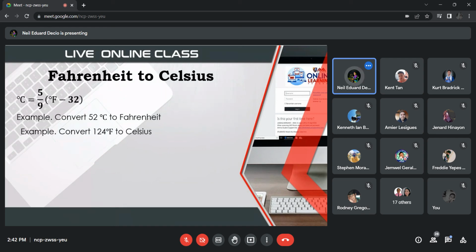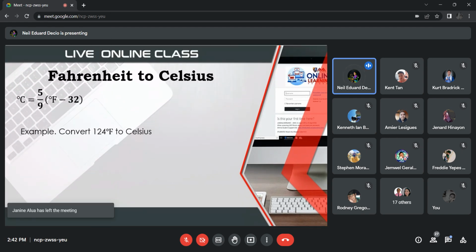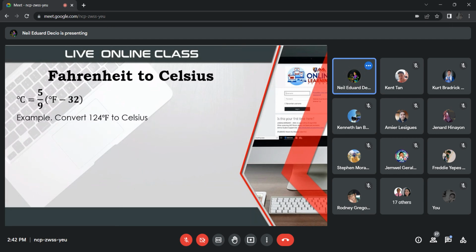Wait lang ha, wait lang. I'm just fixing the typo error para ma-solve natin yung example. So we are now converting from Fahrenheit to Celsius. Yan, meron na. Nakikita na? Or nawala ba? Hindi, ayan.